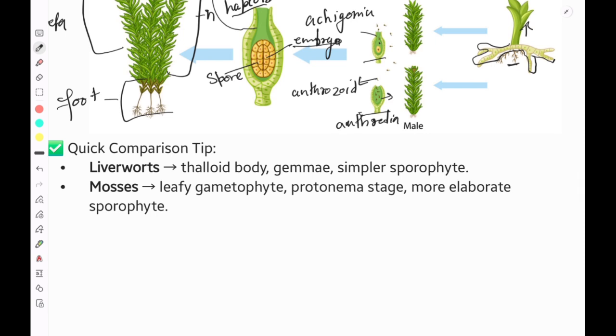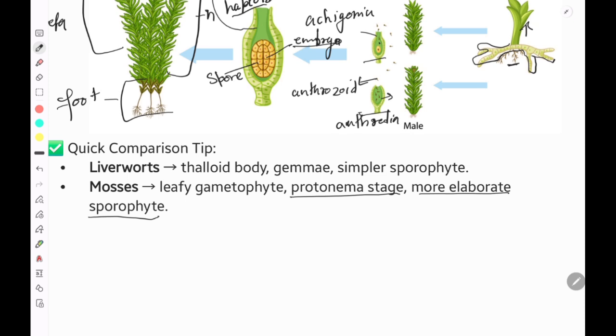If we compare both liverwort and mosses, liverworts have a thalloid body, they have gemma cups, they have a simple sporophyte, but in mosses the sporophyte and gametophyte are different. They have a leafy gametophyte, a protonema stage, and a more elaborate sporophyte.